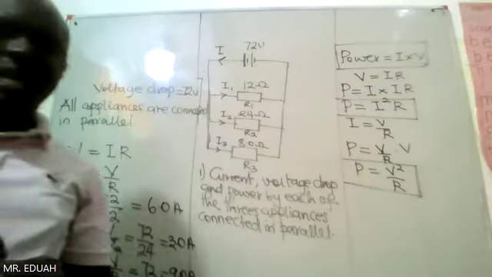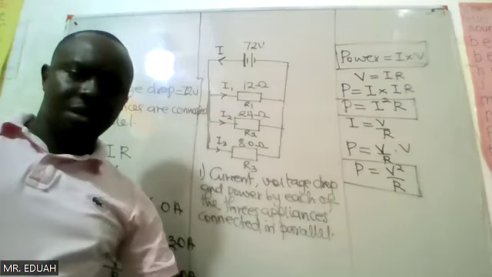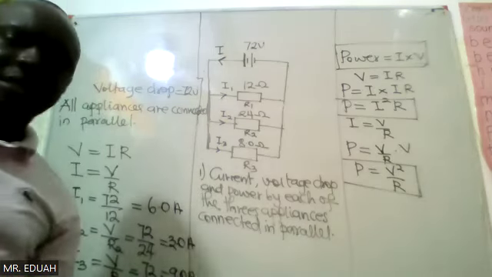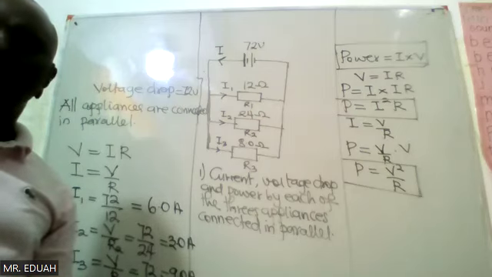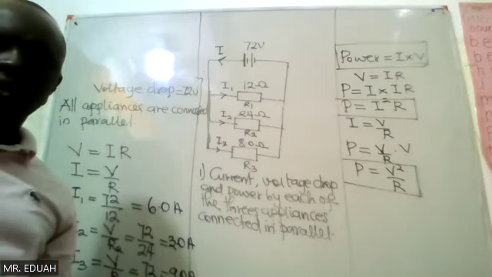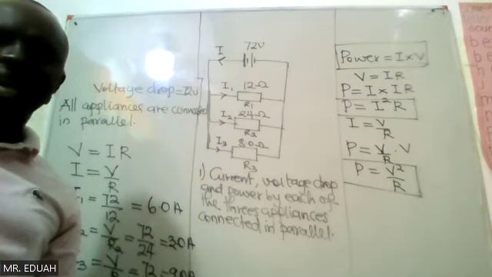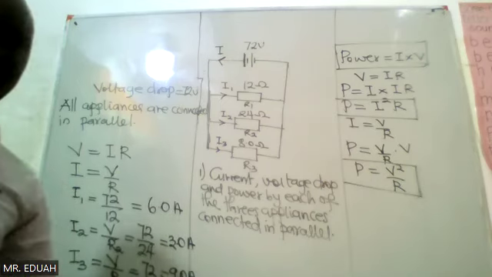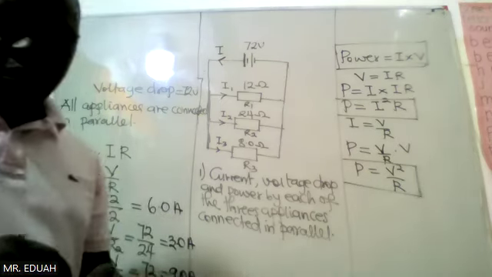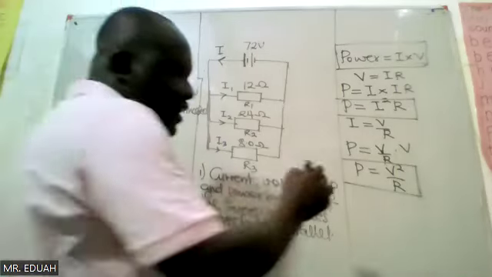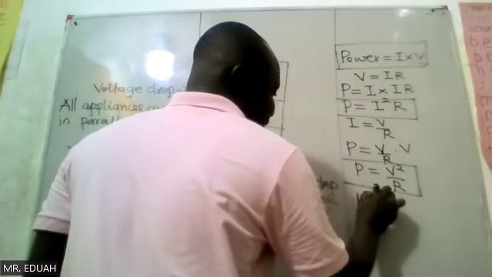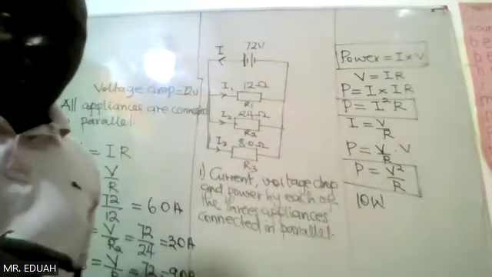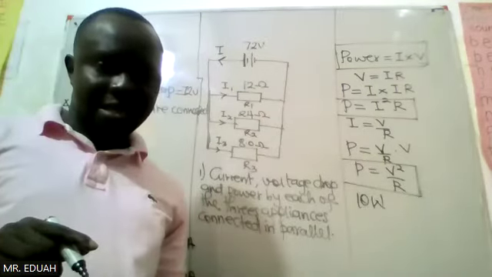Electrical power is the energy used per what? The energy used per time, or work done over time. Let me ask you, the SI unit of power is watts.